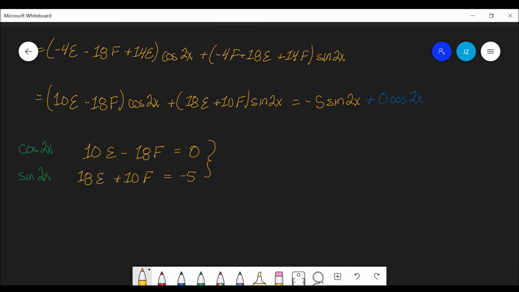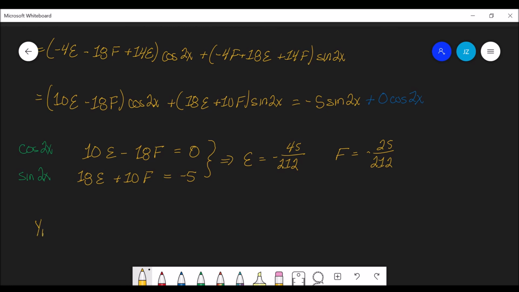Again, this is a system of equations. When you solve it, we get e is equal to negative 45 over 212, and f is equal to negative 25 over 212.